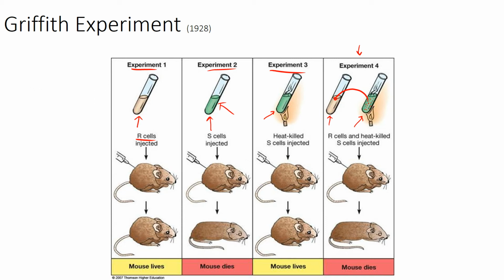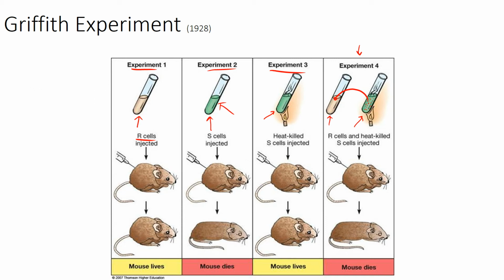They gained the deadly DNA from those other bacteria. So this helped researchers discover that there's some chemical that is the genetic material, and it helped them understand that bacteria can even take it up from their environment. This laid some of the groundwork for later on when we discovered what the genetic material was.